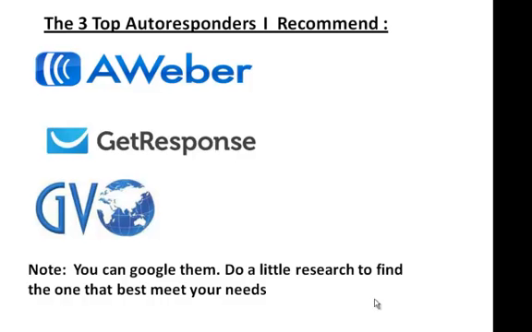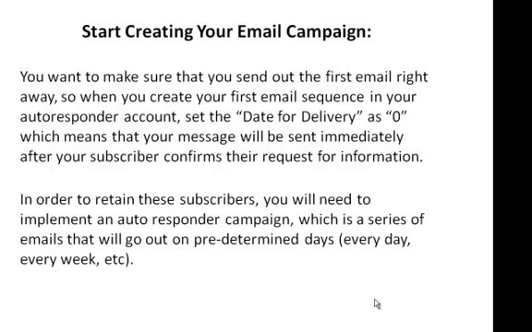And then, as you start making money in your business, you could move up to the more expensive one. Now, you could go on Google and do some research on these different autoresponders and choose the one that best meets your needs.